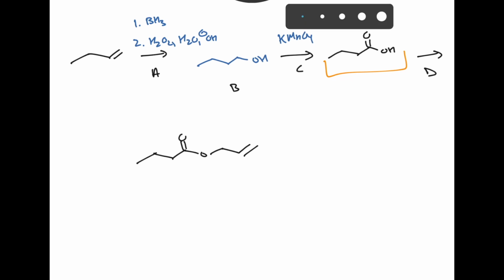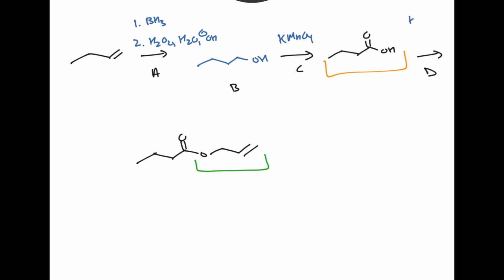We know that this part of the ester comes from an alcohol. So now, how can I put that alcohol onto my carboxylic acid? How can I make that an ester? Four letters and a number.